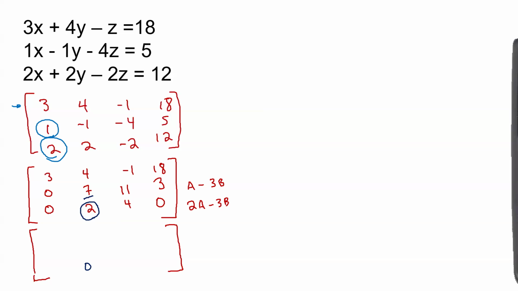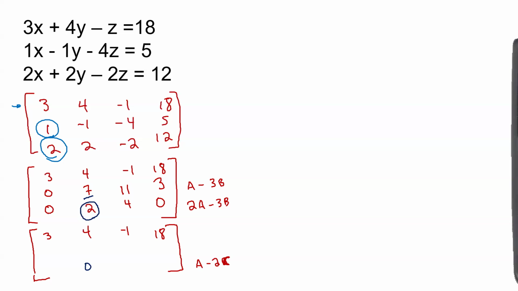Let's do that. We'll keep the same line on top: 3, 4, negative 1, 18. And I want to get a 0 there. So again, we've got to take the top number, 4, minus 2 times the bottom number, C here, sorry. We've got 3 rows now. And I probably goofed that up when I did this, didn't I?